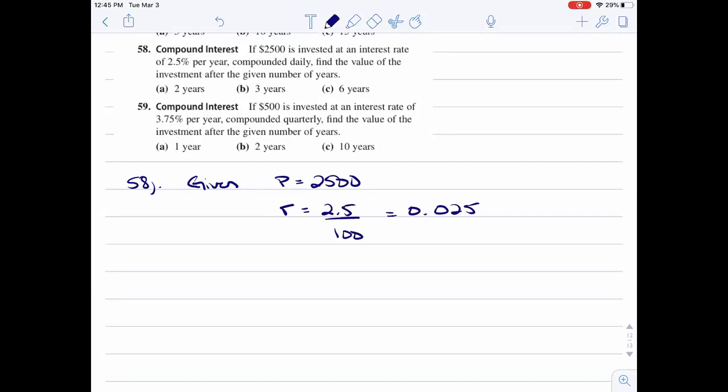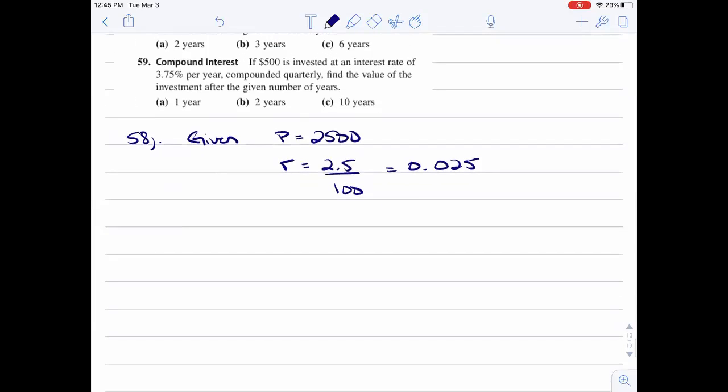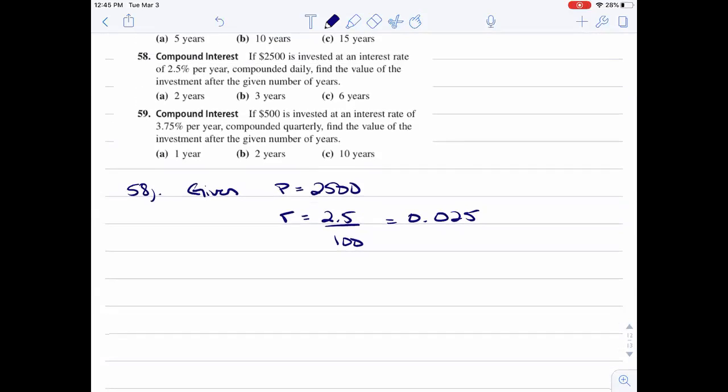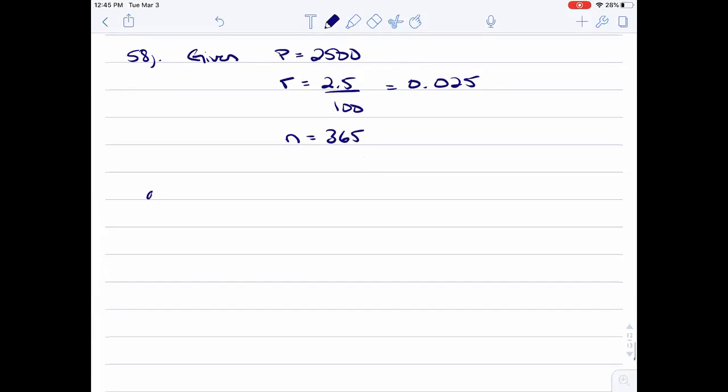That's the value that we have to use in our calculations. We're given that it's compounding daily, which means N is 365. And for each part, we've got a different T: T equals 2, T equals 3, T equals 6. So for part A, T equals 2.